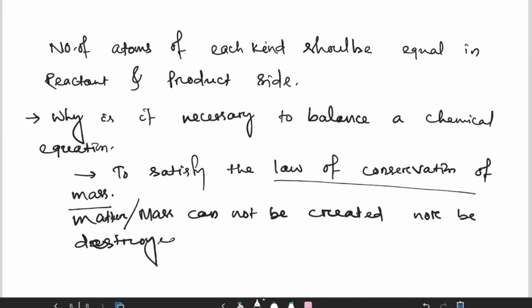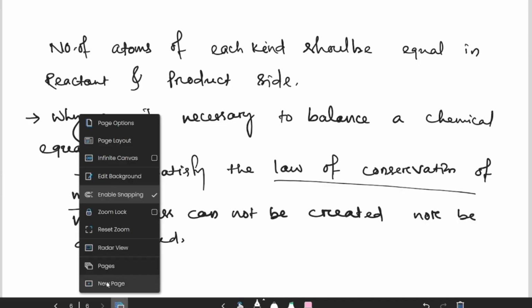So matter or mass can neither be created nor destroyed. So in order to satisfy this concept, we should balance a chemical equation. I hope you understood this.